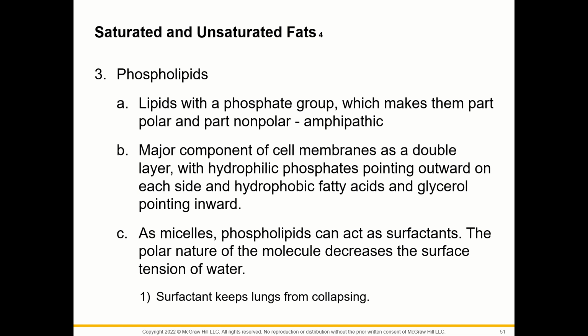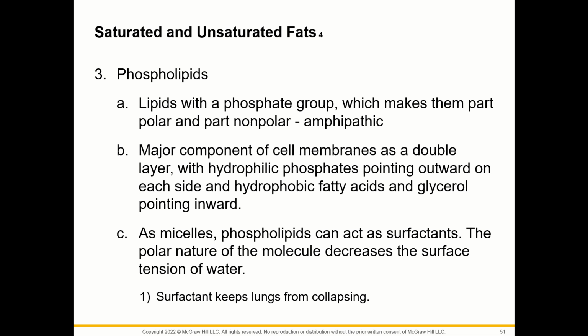So phospholipids are lipids with a phosphate group, and it makes them part polar and part nonpolar, which is called amphipathic. And amphi means like between states. So amphibians like frogs and salamanders live part of their life in water, part of their life on land. And so amphipathic molecules are partly polar and partly nonpolar.